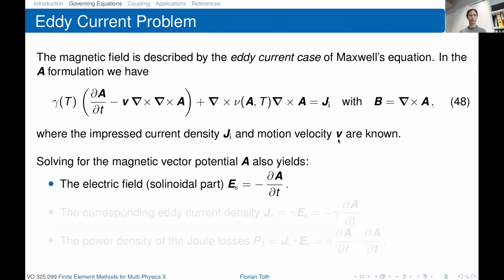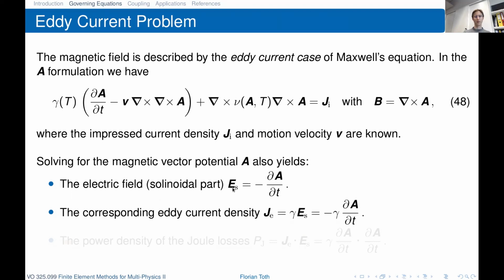So if we now solve for the magnetic vector potential, we get as post-processing result the electric field in the conductor, which is given by the time derivative of the vector potential, and the corresponding eddy current density JE, which is simply the electric conductivity times the electric field.